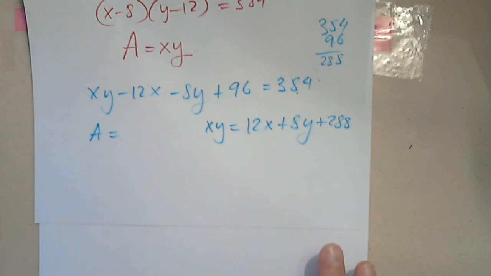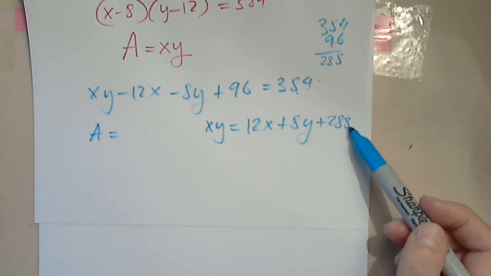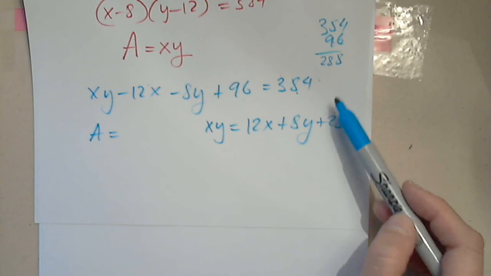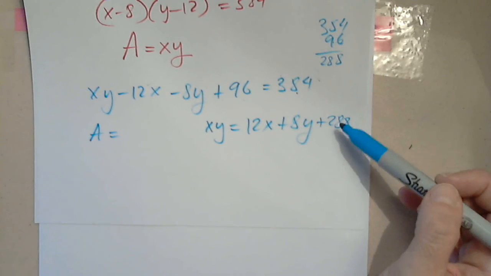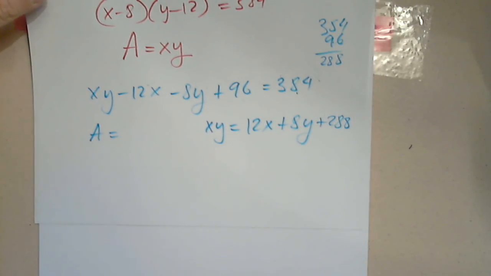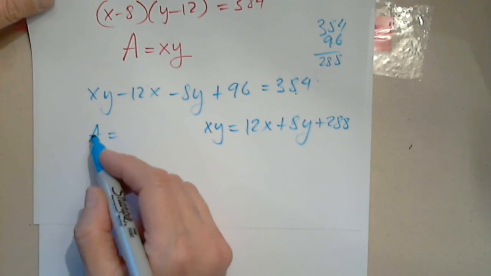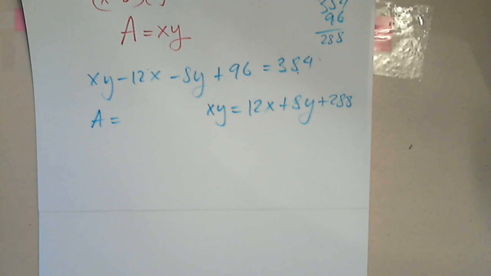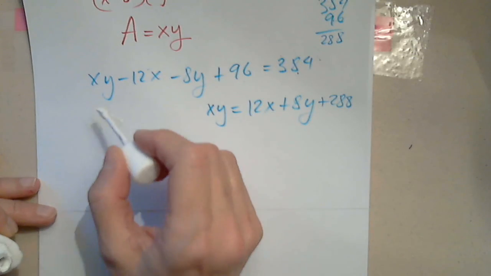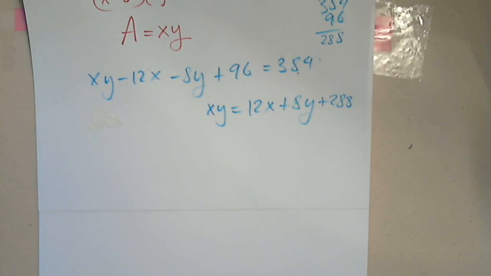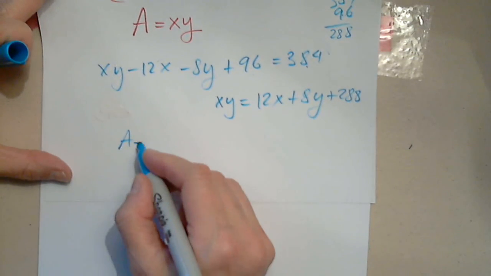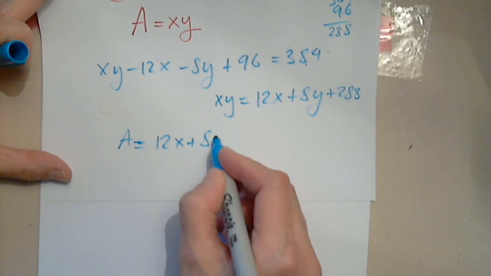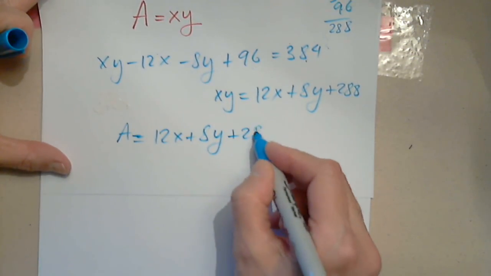Correct me if I'm wrong. So plus 6, 4 and 1, 17, 18 and 1, yes, okay. So this is our function basically. I'm going to erase that. I want it lower. Okay, so we have the area is 12x plus 8y plus 288.